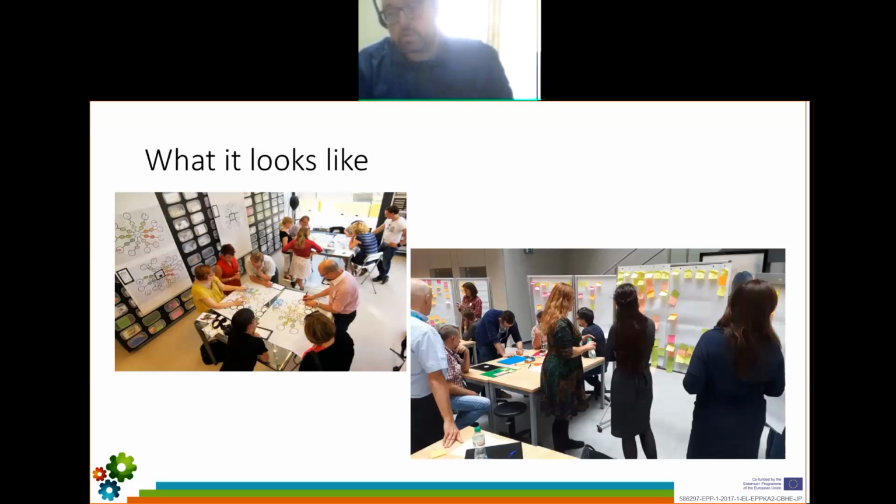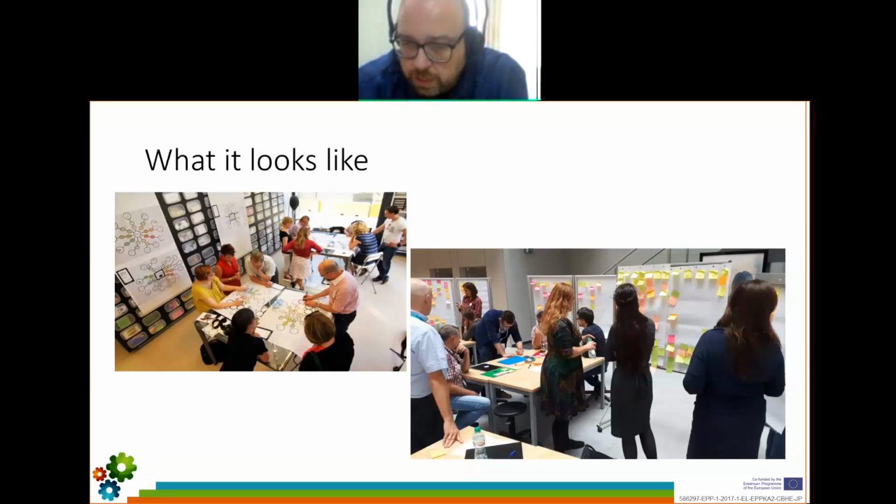So what does design thinking look like? Well, as you can see, it looks like a very workshop-style activity. You have groups of people working on some definition of the problem or some ideas to solve it. By the way, the photo at the bottom right was taken by myself at a design thinking workshop I attended.